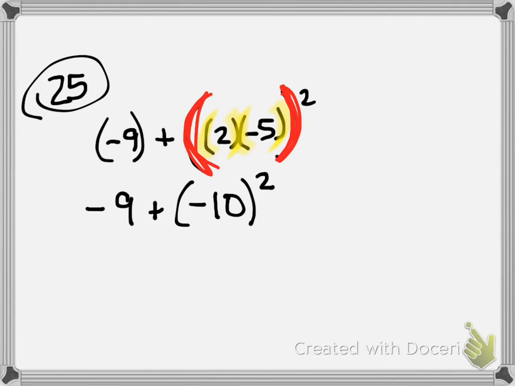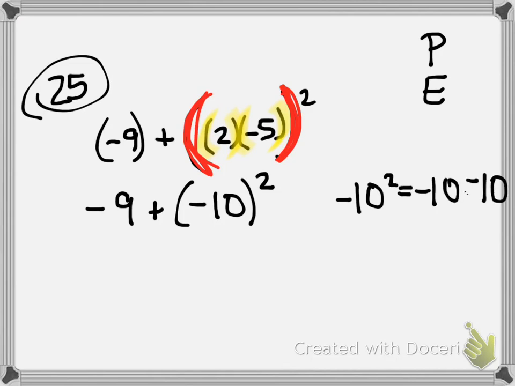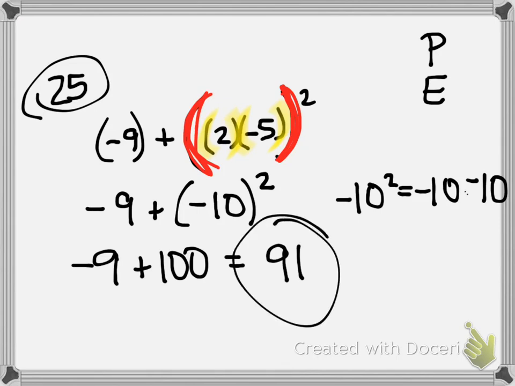Now after you do the parentheses, and because the negative 10 is isolated inside that parenthesis, there's nothing happening to it, there's no operation, we're done with parentheses and we're on to the second step, which is exponents. Well, negative 10 squared is the same as negative 10 times negative 10. Negative 10 times negative 10 is a positive 100, and then that would simplify to 91.